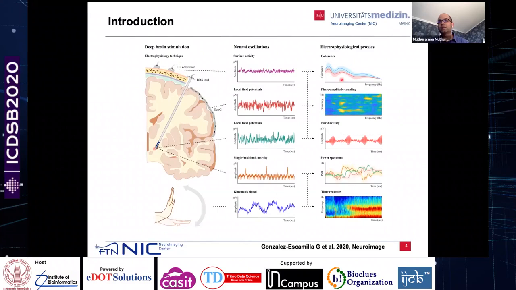Or we can look at, let's say, phase amplitude coupling. This is also a type of coupling which relates the phase of one signal to the amplitude of another signal. And of course, probably other techniques are known to you, like power spectrum or looking at the time frequency domain.